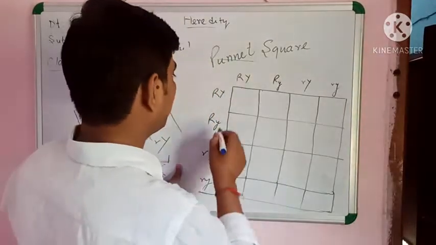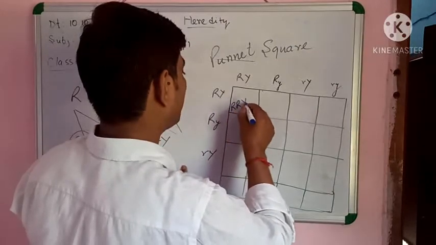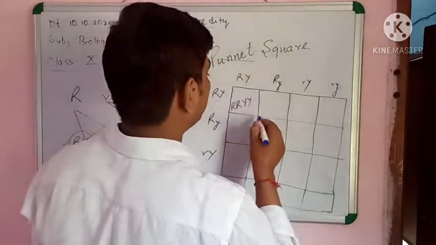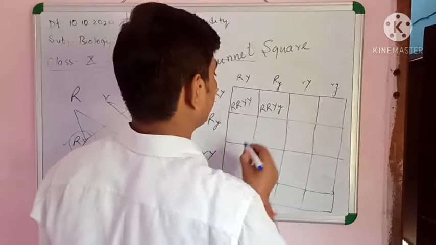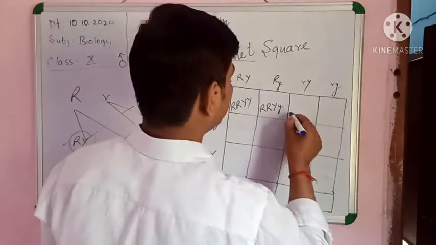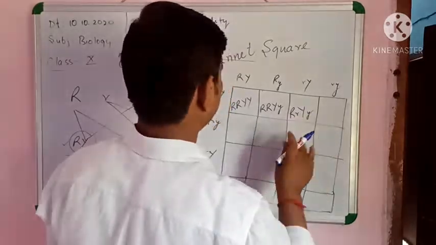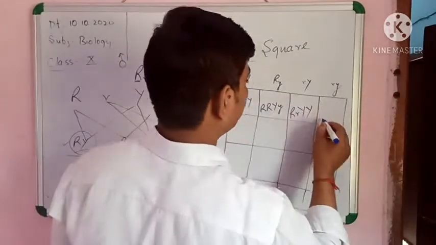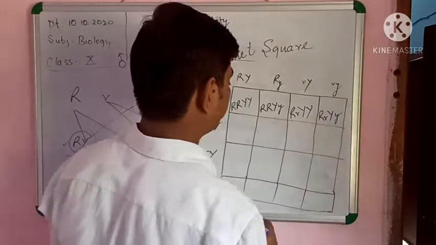Okay. Now see, this breeds with this: RRYY. Okay. Now this one breeds with this: capital R, capital Y, small y. This will breed with this: capital R, small r, capital Y, small y. Capital Y, capital Y. Okay. This breeds with this: capital R, small r, capital Y, small y.